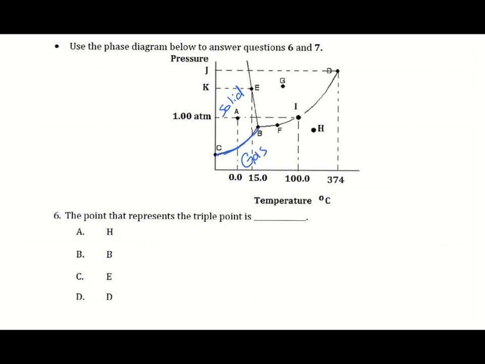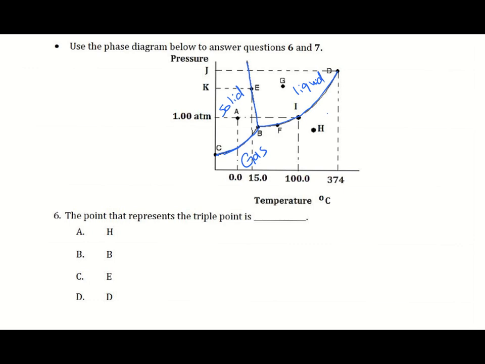The line BD is the equilibrium line between liquid and the gas phase. And this line represents the equilibrium between solid and liquid phase.